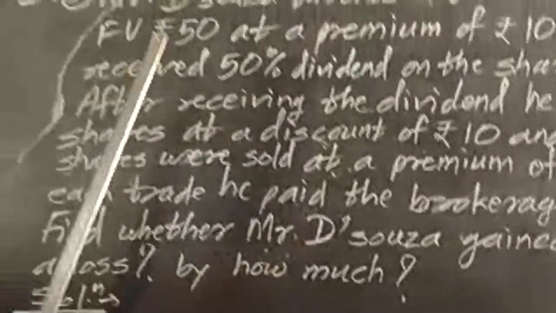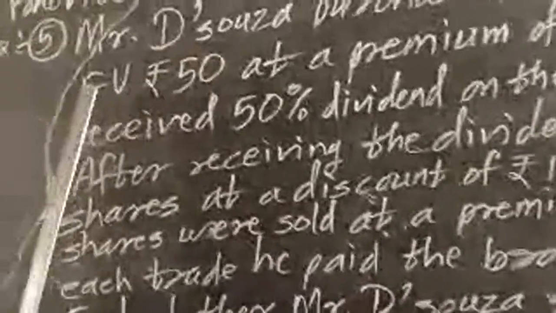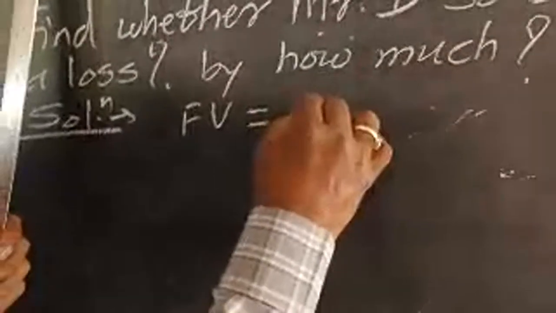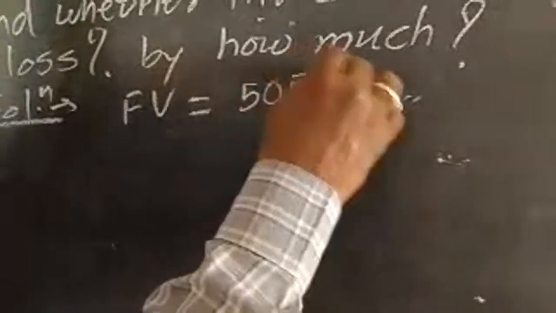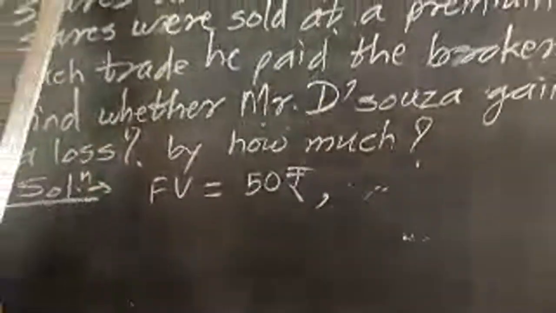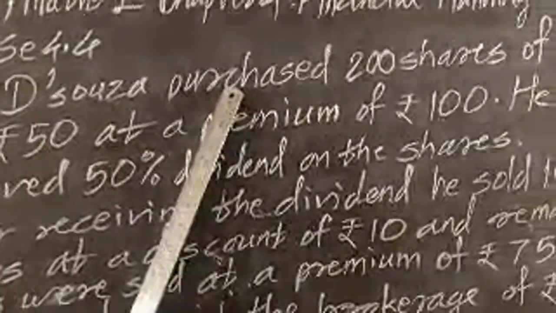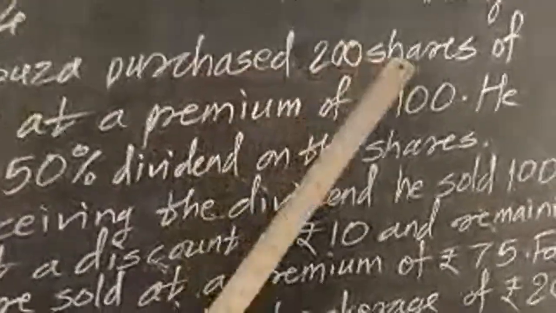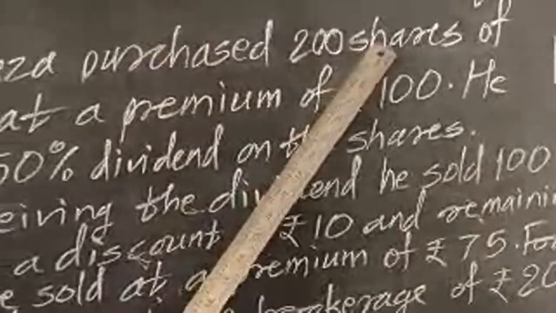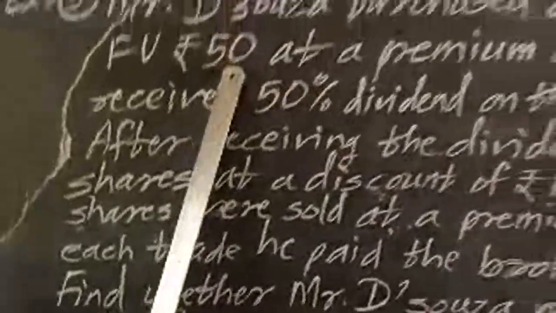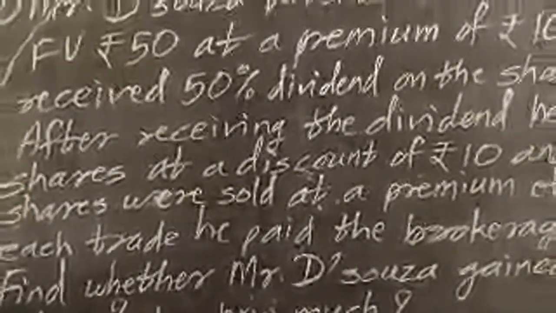What is given here? Face value is 50 rupees and Mr. D'Souza purchased 200 shares of face value 50, but market value is not actually given.